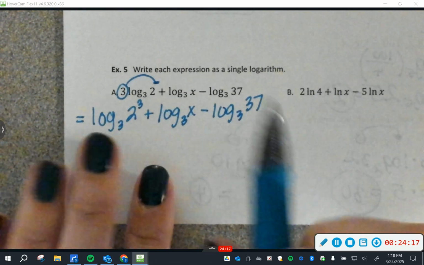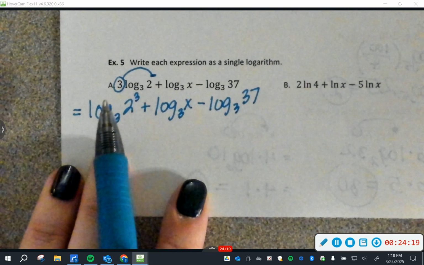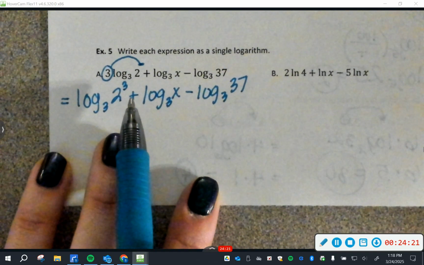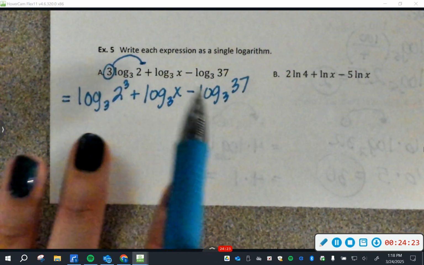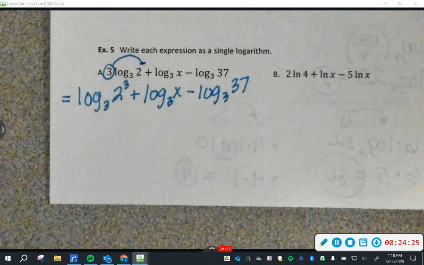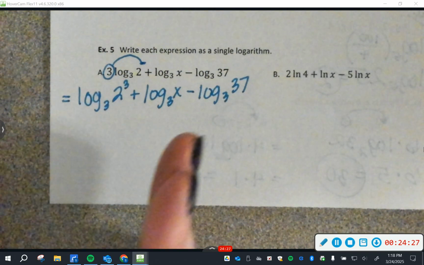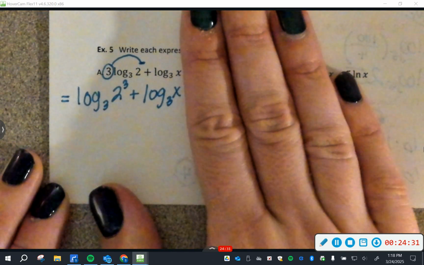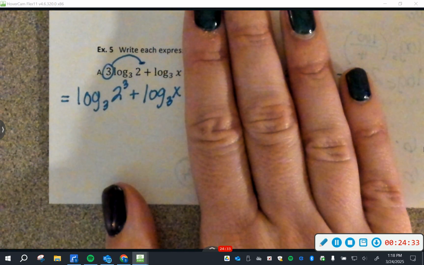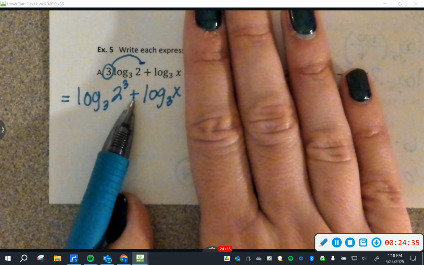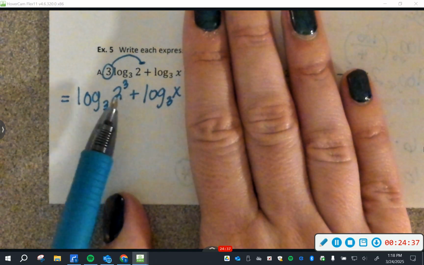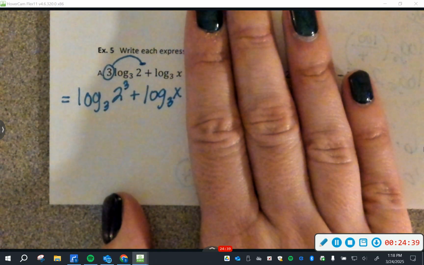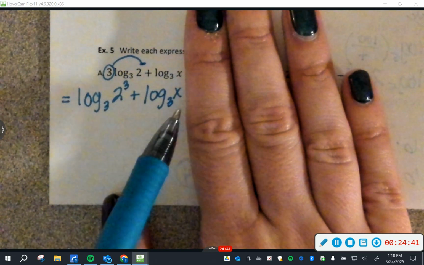Okay. Now I have addition and subtraction. If you remember from PEMDAS, you do addition and subtraction from left to right. Okay? So I'm just going to handle the first 2 logs. If I'm adding them, I would multiply the arguments when I put them together. So I'm going to put these together.